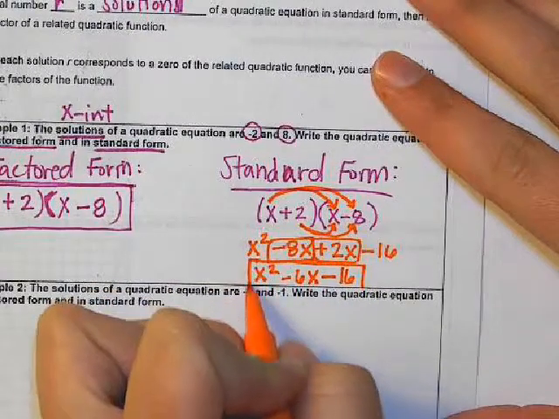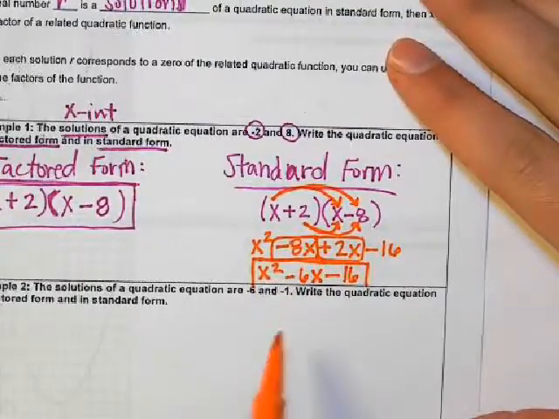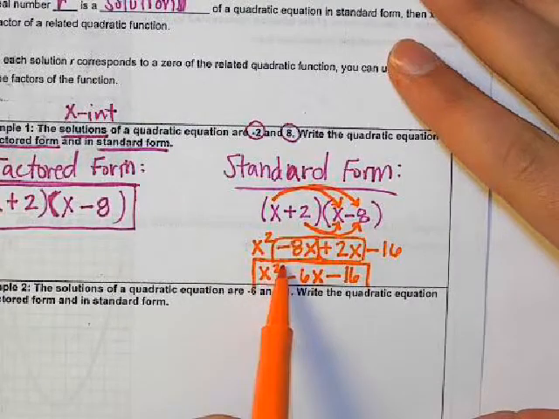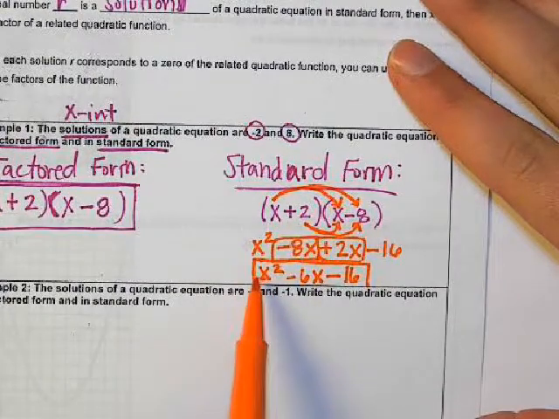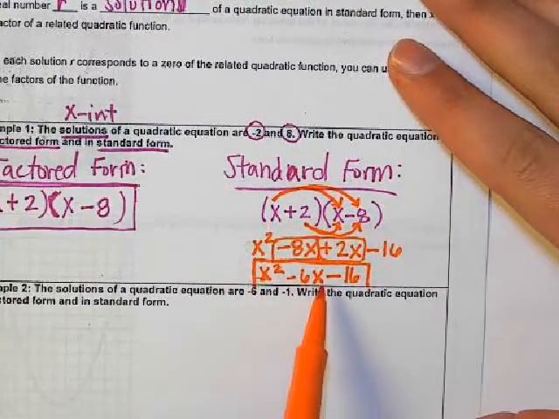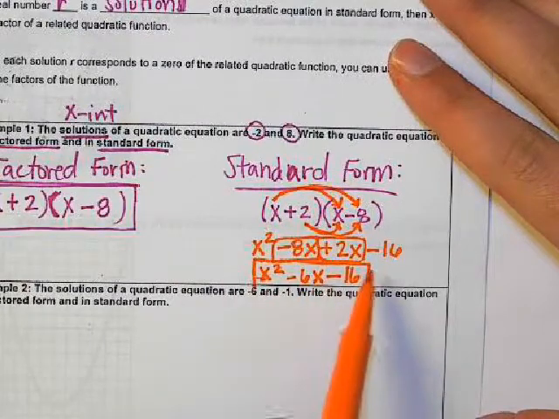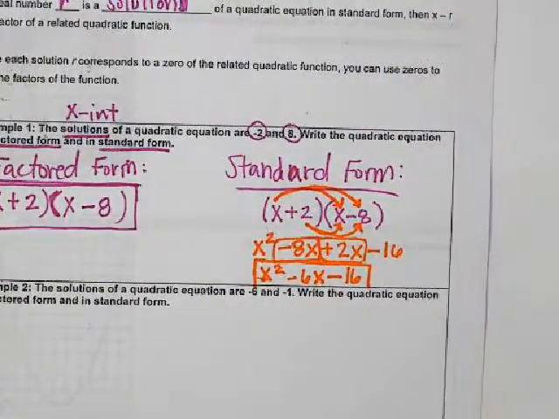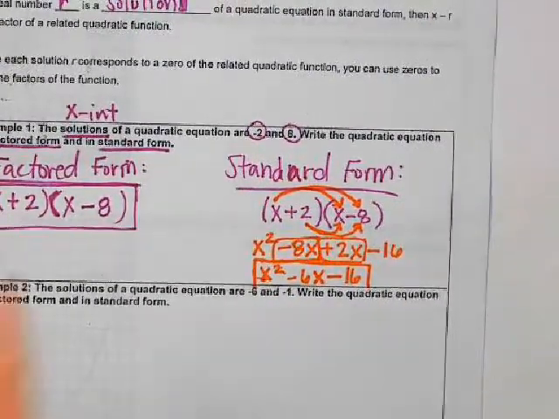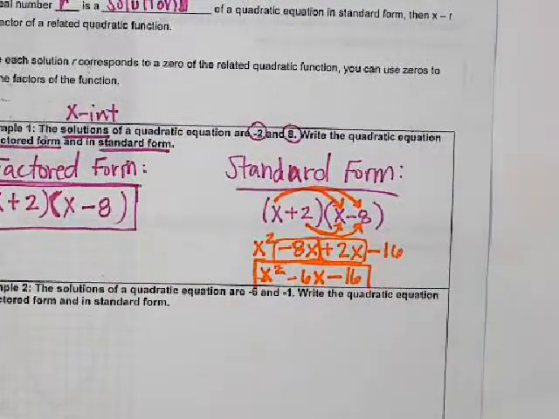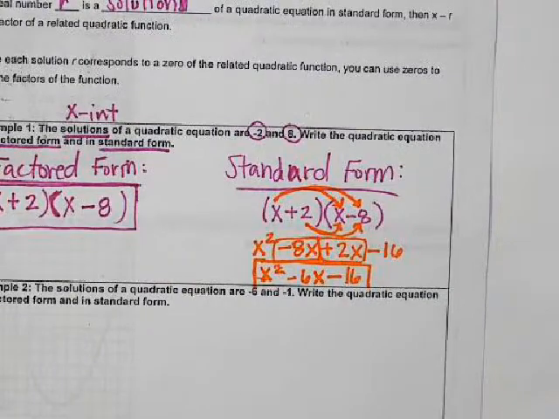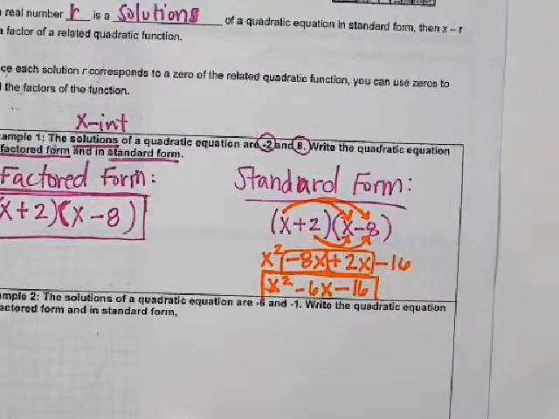It is super important that you write it in the correct order. You have the x squared first. If it has a number with it, then it goes in front. So x squared first, then the regular x, and then no x on the back. So we have factored form and standard form. How was that? Easy. Scary? Is that it or are there any catches? That is it. No catch.